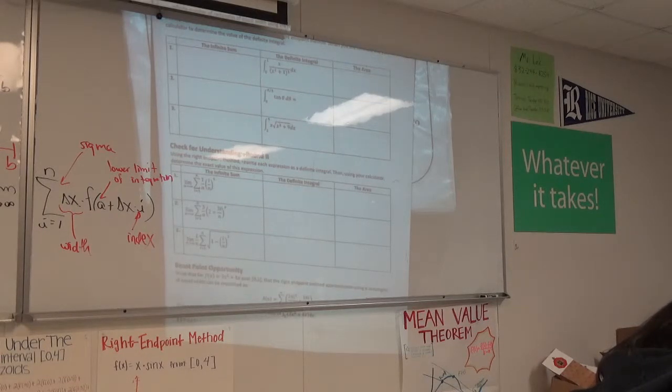1 over n. Well, I mean, yeah. Yeah, 1 over n times f of 1 over n times x.